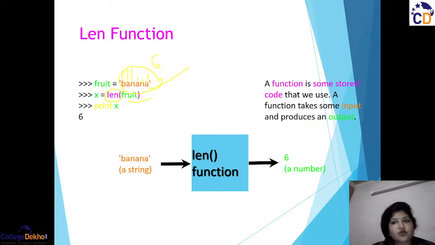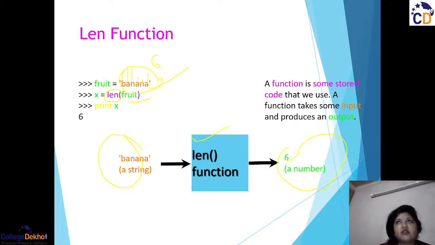A function is some stored code that we use, and a function takes input and produces an output. So what do you mean by a function? A function is anything which takes an input, processes it, and gives you the output. So here comes the input, right? And this is the function we have, and this is the output which we get from the function, right?